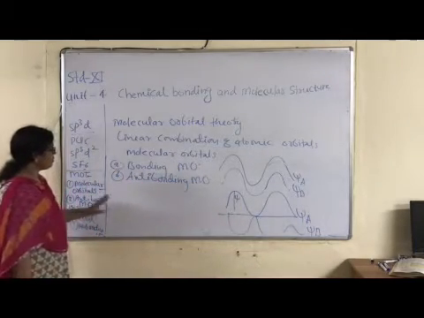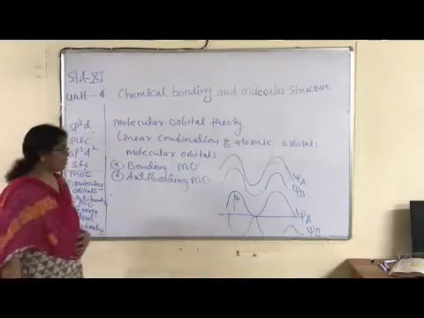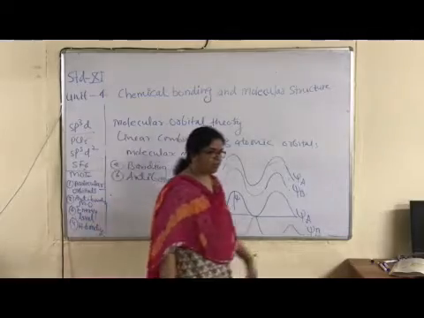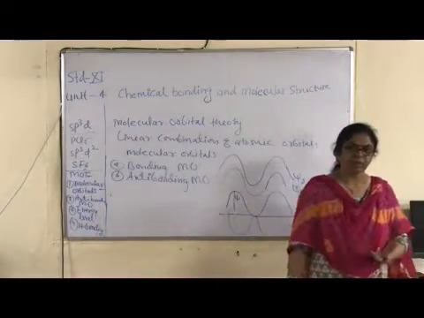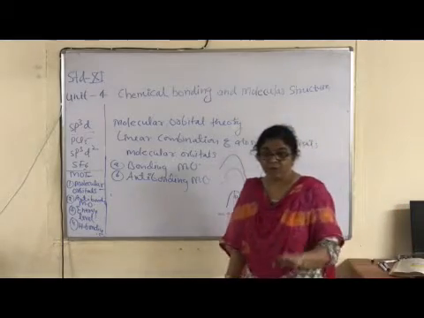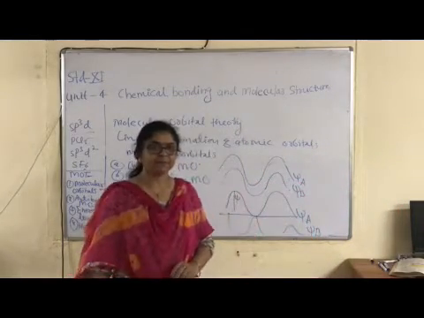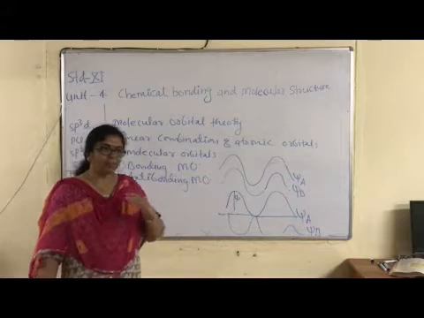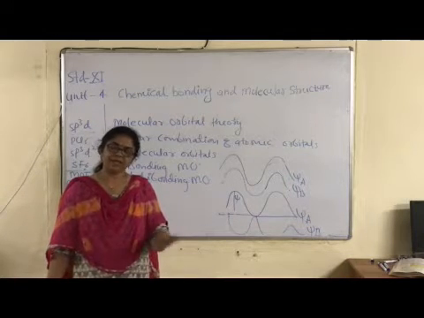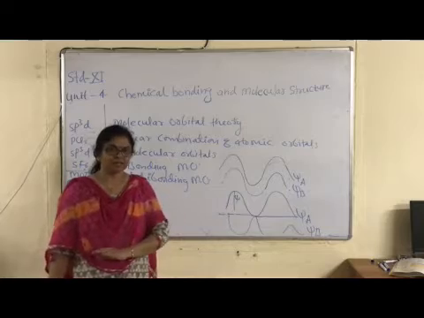Okay, children? Now, what is the difference between bonding molecular orbitals and anti-bonding? Bonding molecular orbitals always support formation of chemical bonds, right? Bonding molecular orbitals are more stable than anti-bonding, right? And bonding molecular orbitals always occupy lower energy state and anti-bonding higher energy state.